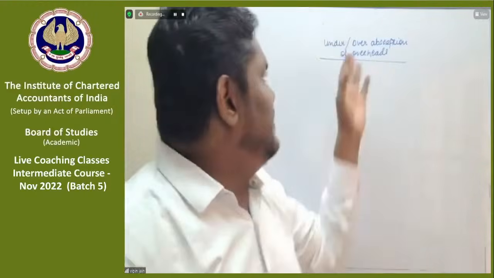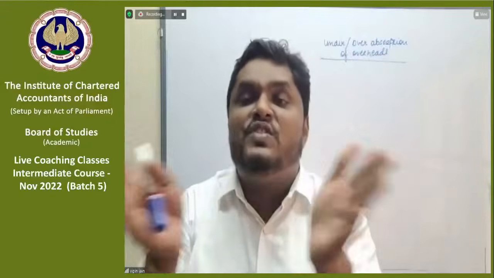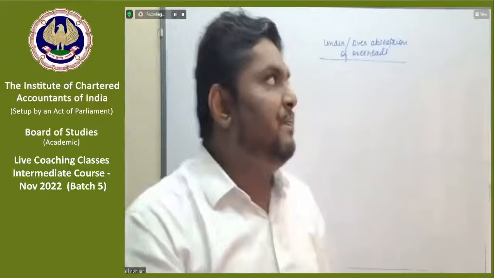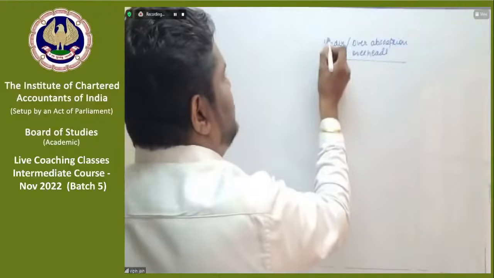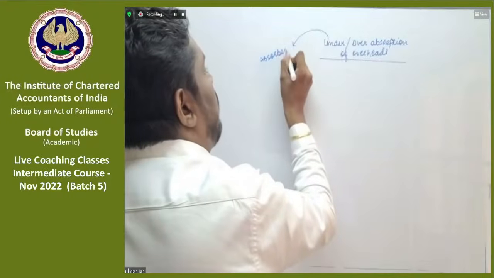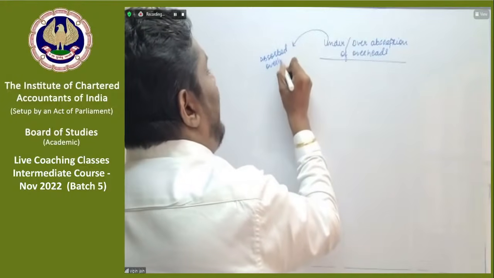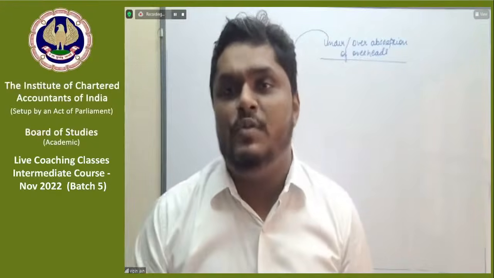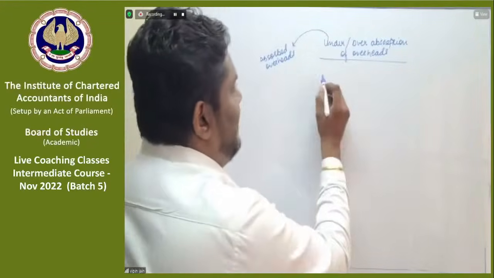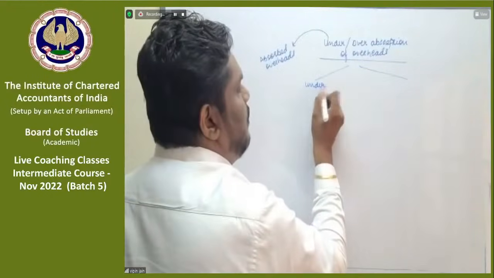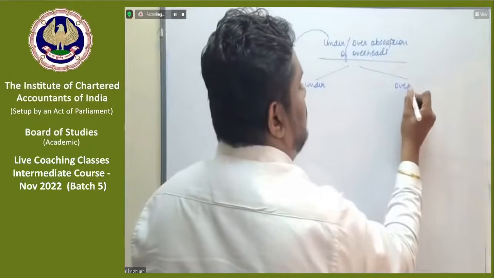So in under or over absorption, we first find out the difference, that is, how much is under or over absorbed. We first calculate the absorbed overheads, and then we identify how much is under or over absorption of overhead. Herein there are two terms: under absorption and over absorption.